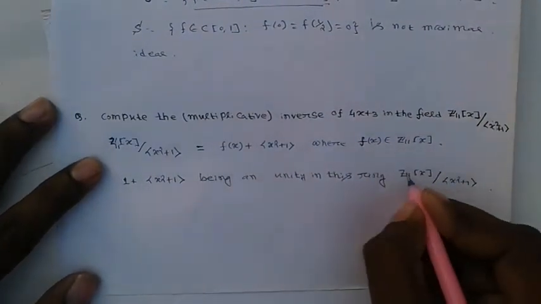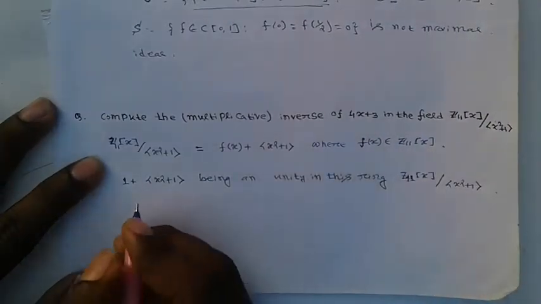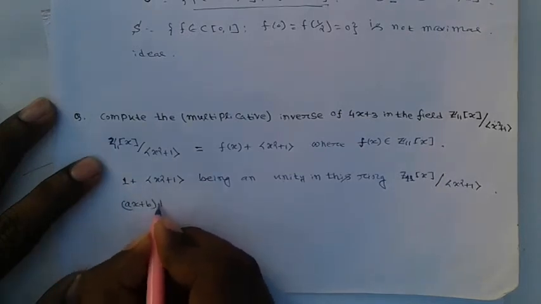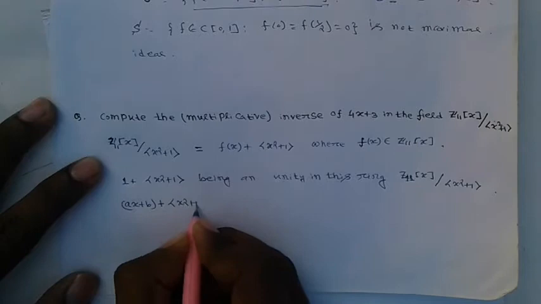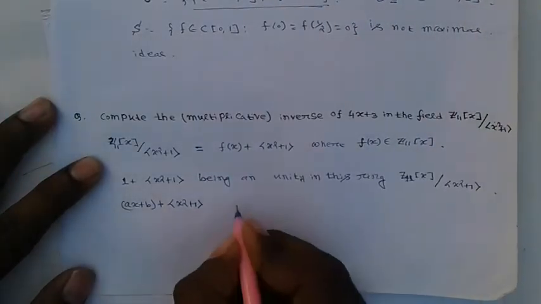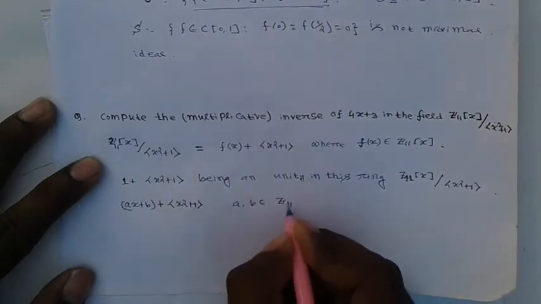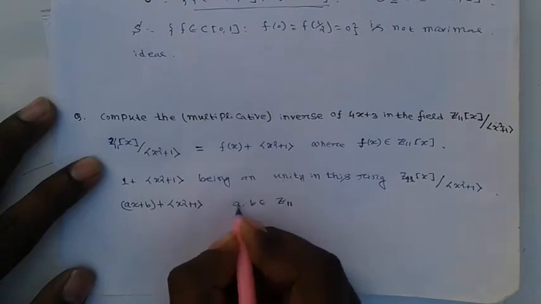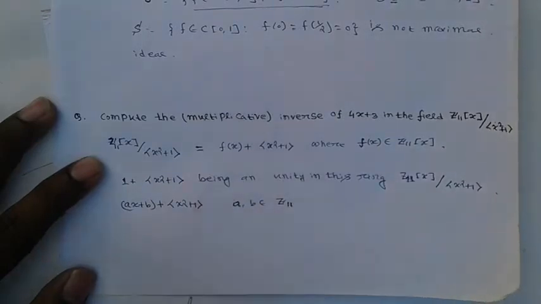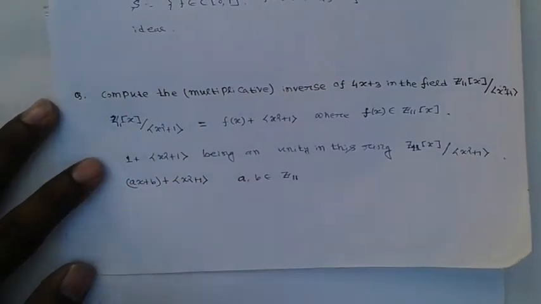Now each element in this field looks like ax plus b plus the ideal x square plus 1, where a, b belong to Z11. Actually, this is class a bar, b bar. Now, we usually read it as a, b belongs to Z11.